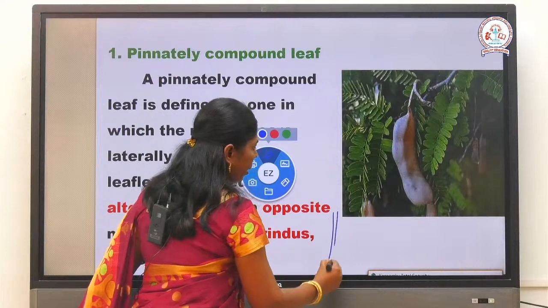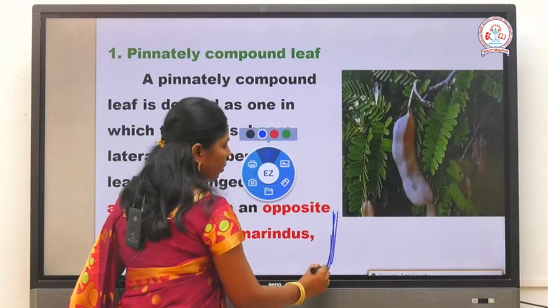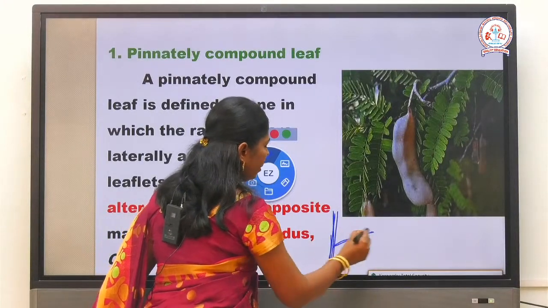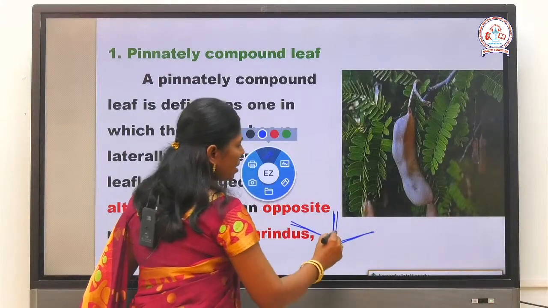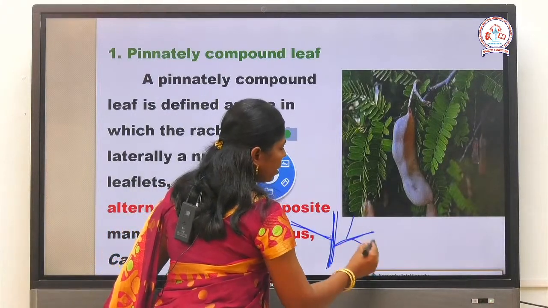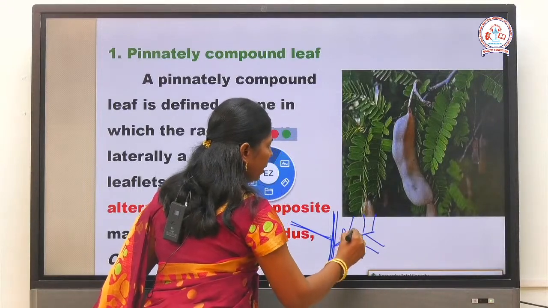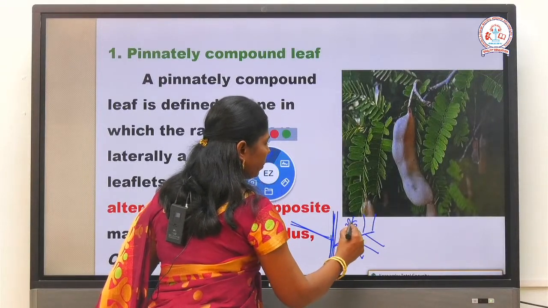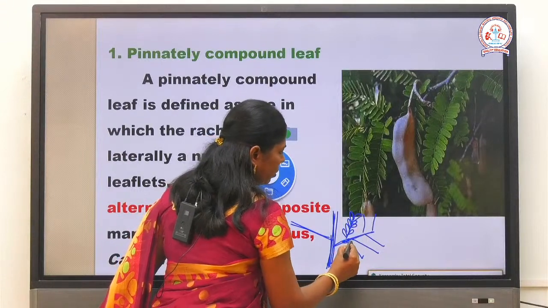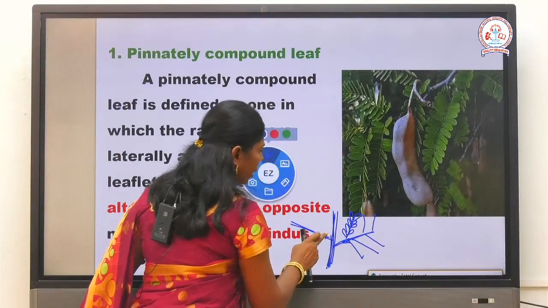So this is a main rachis. Okay, from the main rachis we can see the lateral rachis, and on it the leaflets are arranged like this. But what about the main rachis?